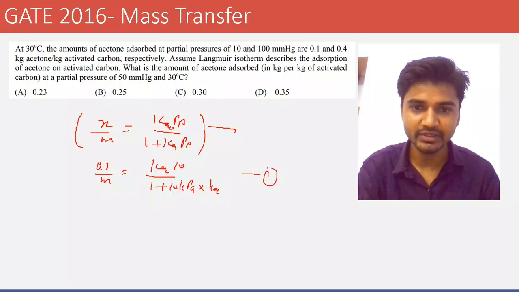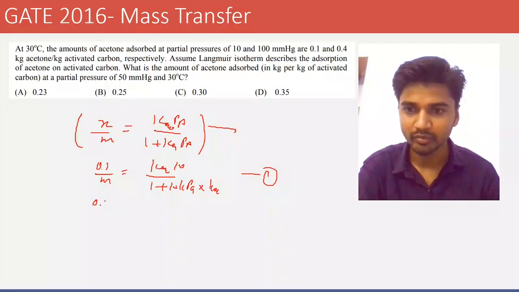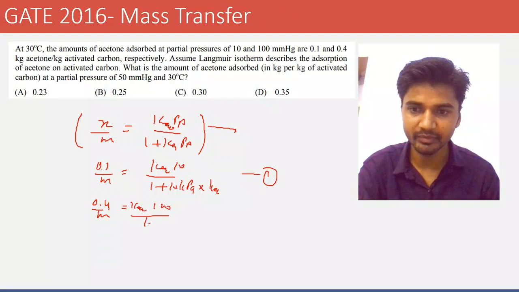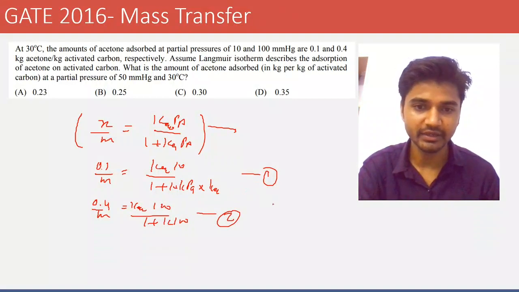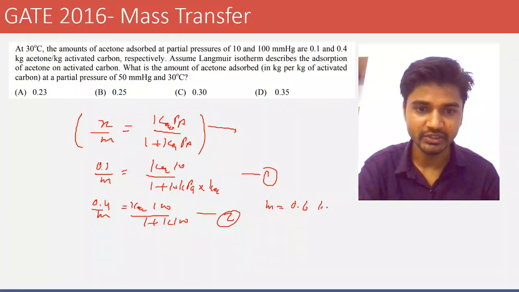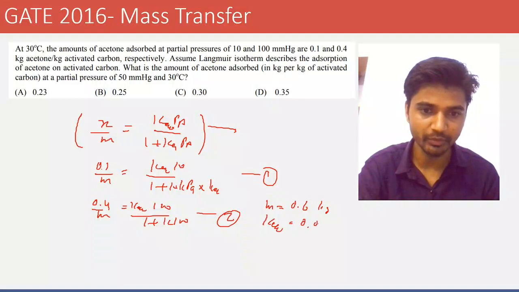Similarly, we can generate the second equation as 0.4 by M equals K_eq times 100 divided by 1 plus K_eq times 100. Solving these equations, we get the amount of adsorbent required as 0.6 kg and the equilibrium constant as 0.02.